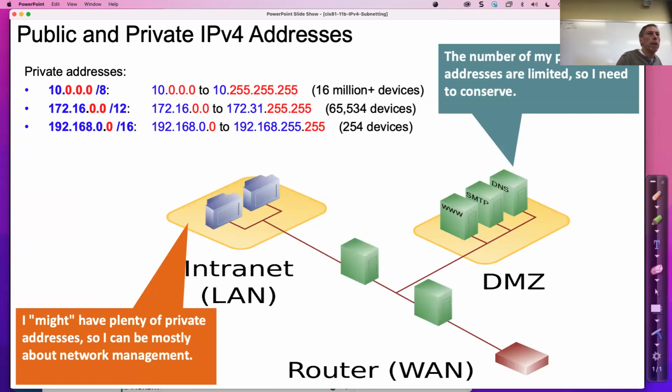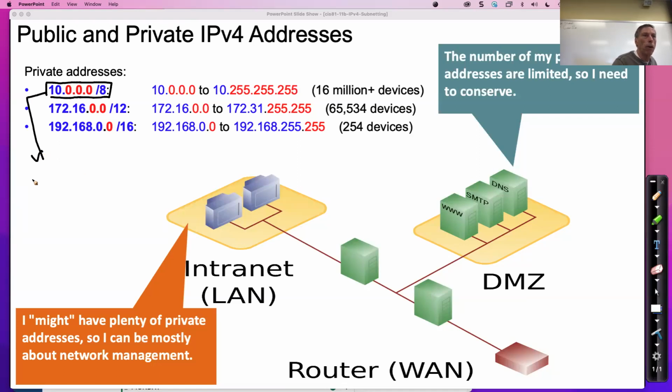Okay, so public and private addresses. First of all, internally, you can use private addresses. So yes, you can use 10.0.0.0/8, which gives over 16 million devices. You can subnet very easily on a natural octet boundary. For example, I could take this network and subdivide it one of two ways.